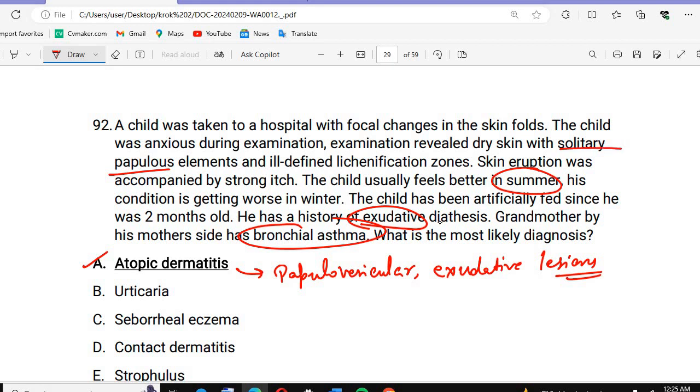Along with that, there will be some vesicular findings seen in these conditions. That is atopic dermatitis, and the sites we see are mainly the face, the scalp, and the extensor surfaces of the extremities.